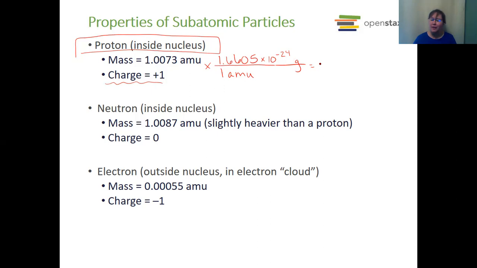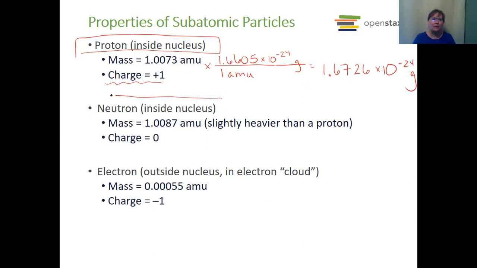If you're doing that on your calculator with me, which I highly recommend because you'll get the same answer that I will on a test, which is the important part here, we can have 5 significant figures with these. So we get 1.6726 times 10 to the negative 24th grams. And that is the mass of 1 proton.